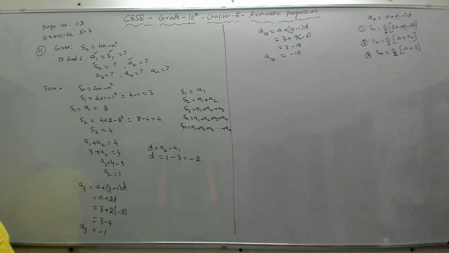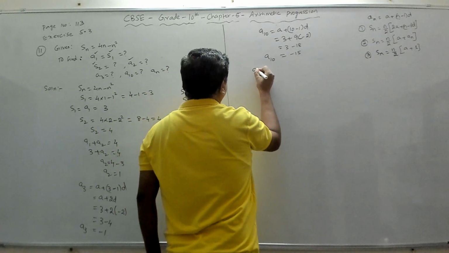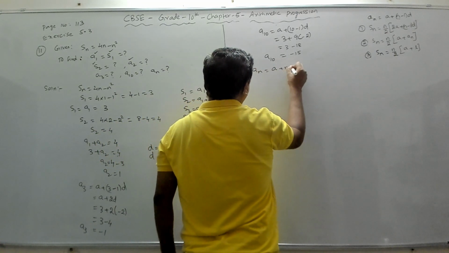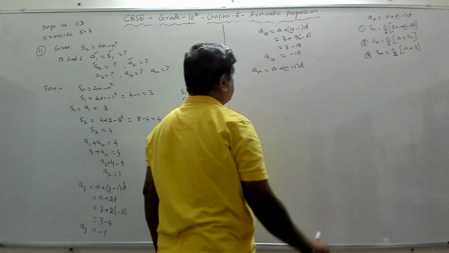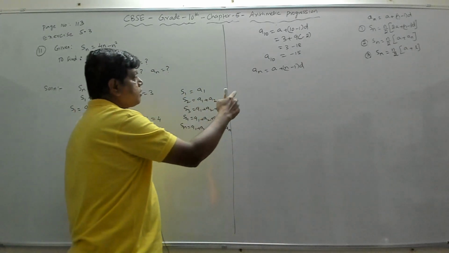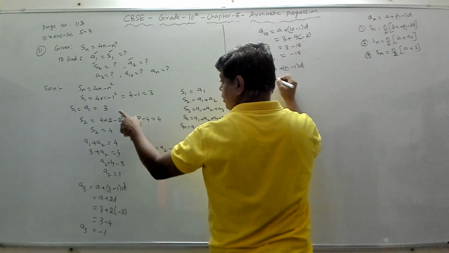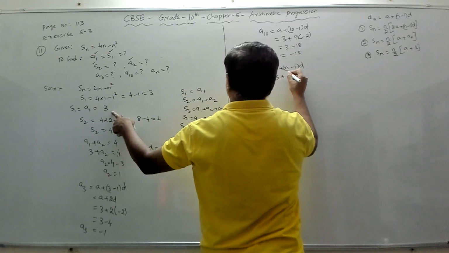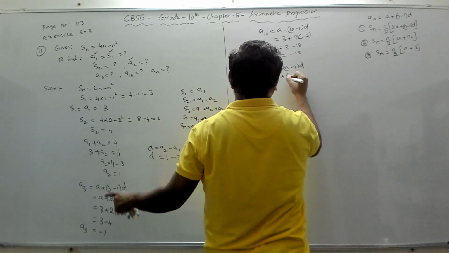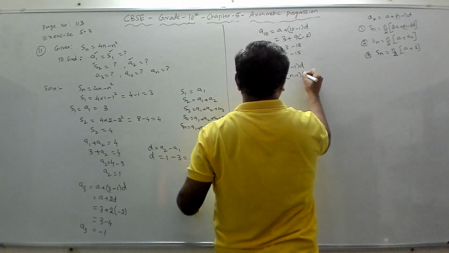Now we should find our An, the nth term. An is A plus n minus 1 into D. Our answer will come in terms of n because we are finding An. So A is how much? 3, the first term, plus n minus 1 into D. D is minus 2.